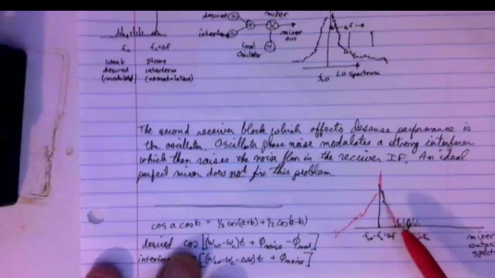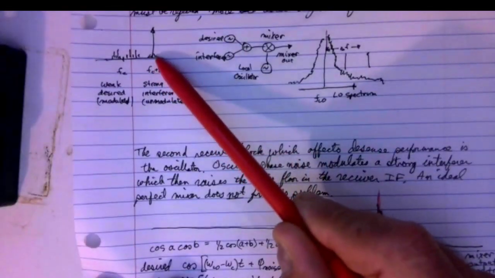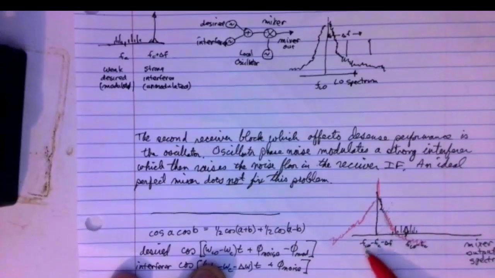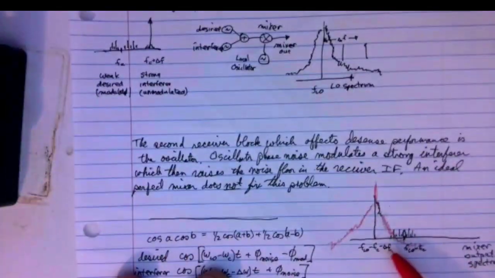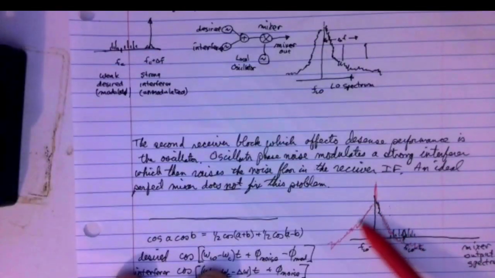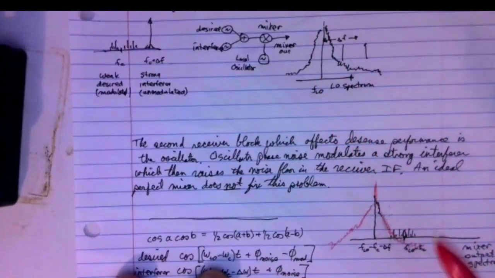And our interferer, which was here, relatively unmodulated, is now at FLO minus FC minus the delta F between these two, with the phase modulation on it from the oscillator.